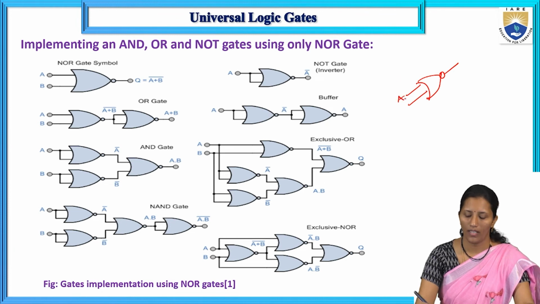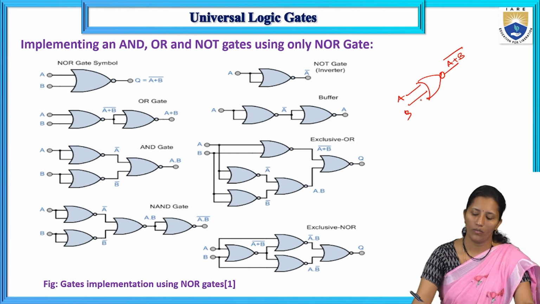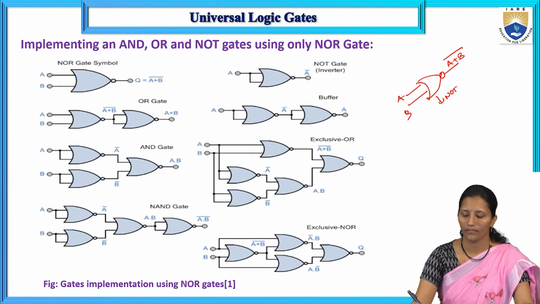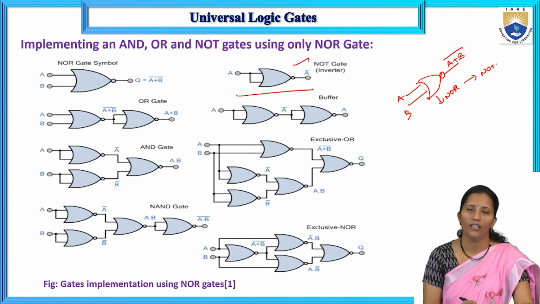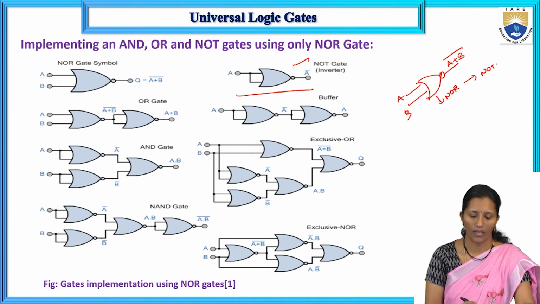So A, B, we are going to get A plus B whole bar. If we want to convert the NOR gate into NOT gate, just give both the inputs the same, then we will convert the NOR gate into NOT gate.